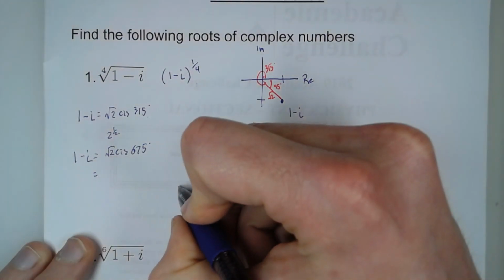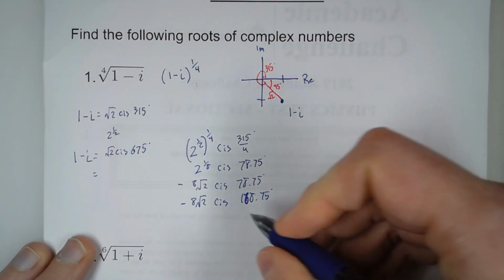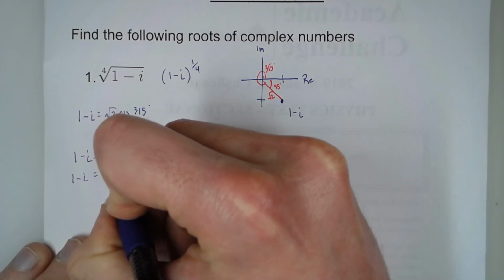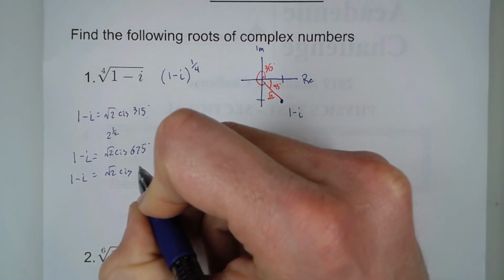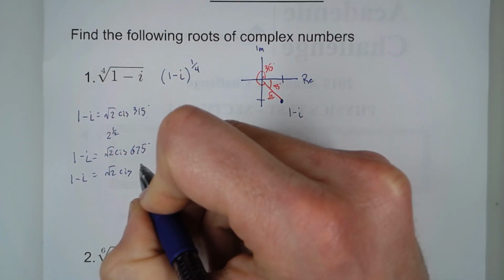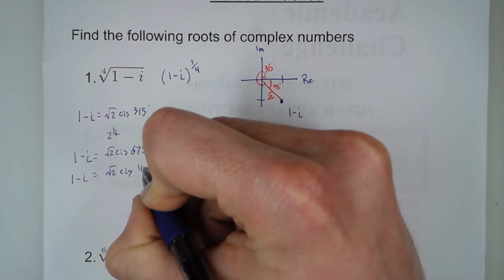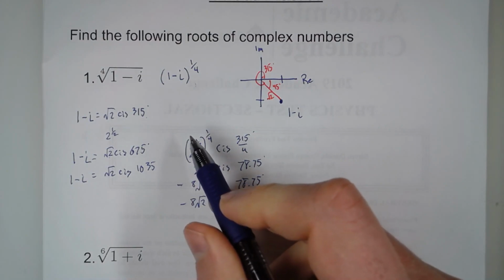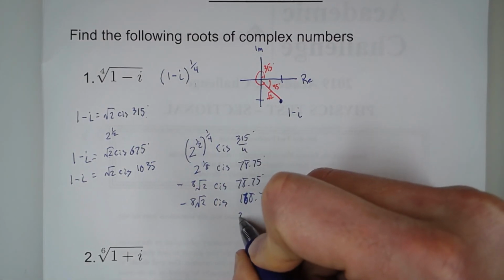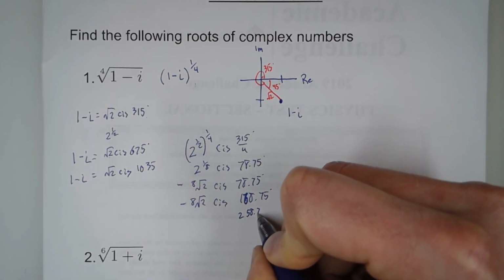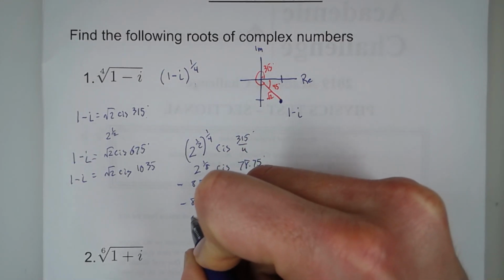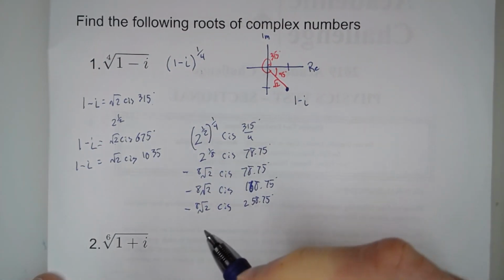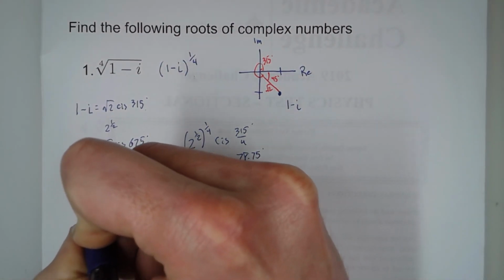Now that's 2 of our answers. We need 2 more. So what if I add 360 again? If I take 675 and add 360, I get 1035. Now what if I divide that by 4? I get a different angle. I get 258.75. Now what if I do it again?